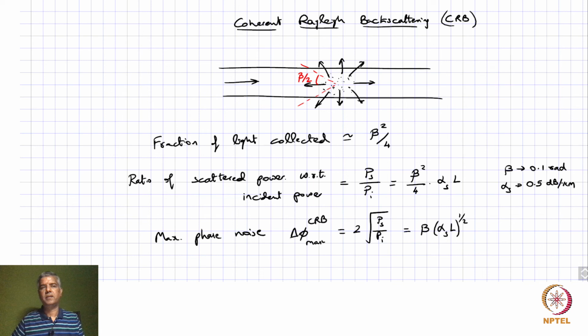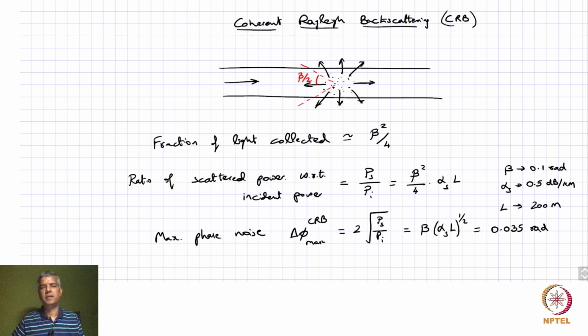If you do that, you will come to some number in the order of 10 power minus 4 per meter. And then L we have taken for our case to be 200 meters. If you plug all these in, you get a value of about 0.035 radians. That is a huge value.